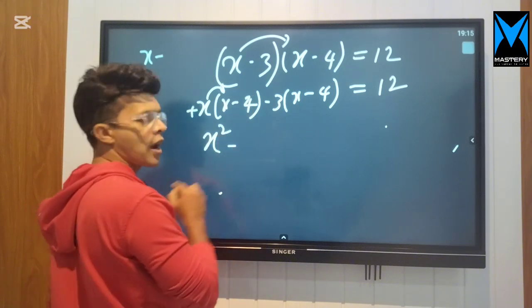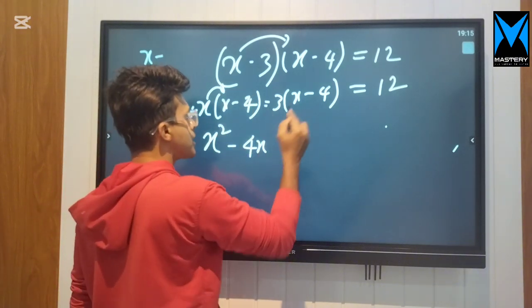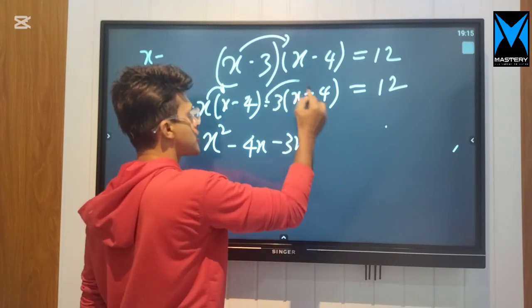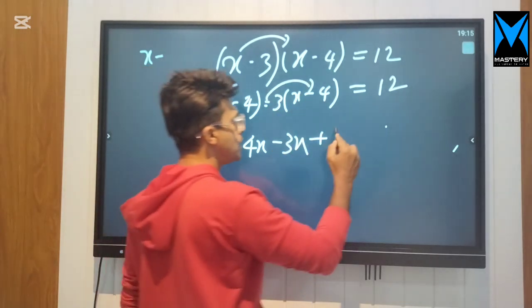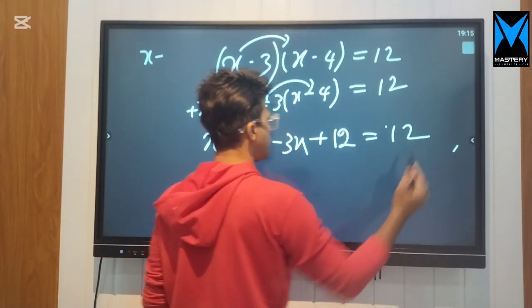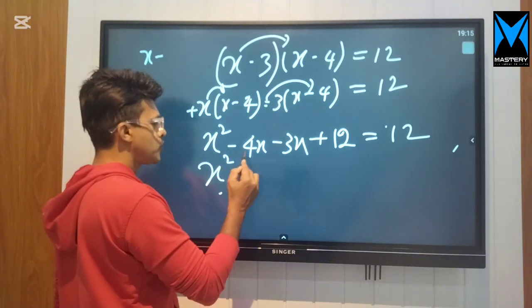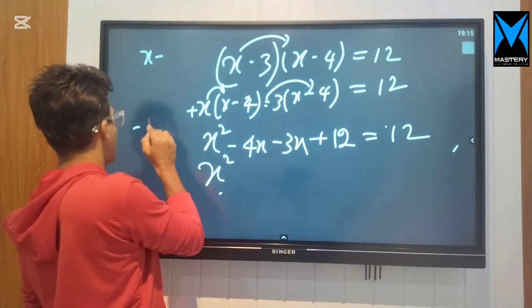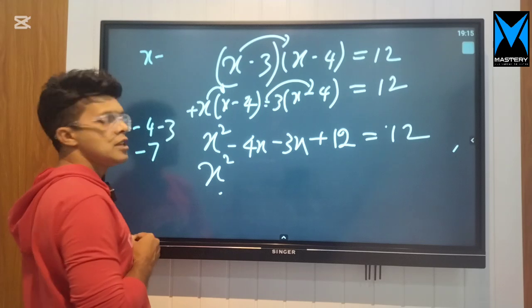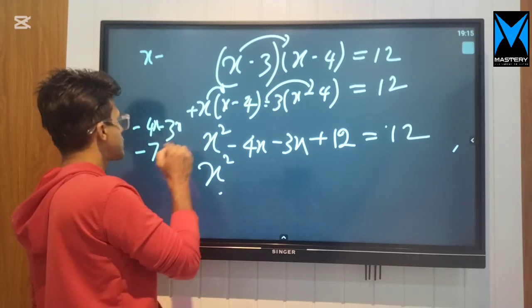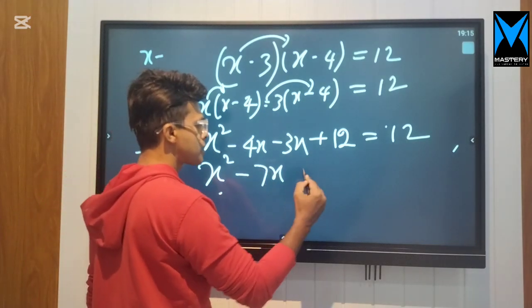Plus into minus is minus, 4 into x is 4x. Minus into plus is minus, 3 into x is 3x. Minus into minus is plus, 3 times 4 is 12. So x squared minus 4x minus 3x plus 12 equals 12. Minus 4x minus 3x is minus 7x.